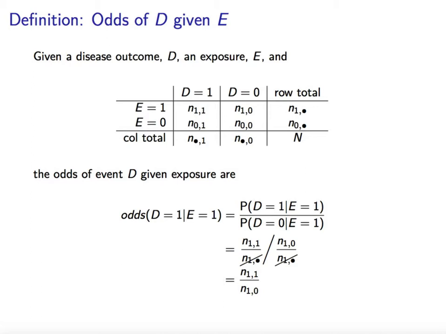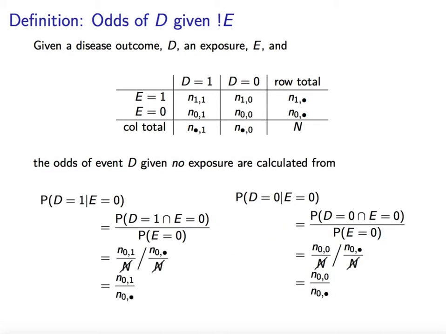So in order to move to odds ratios, we need to calculate the odds of disease given the absence of exposure. So this is nearly the identical calculation that we just did. So feel free to pause the video if you want to look at these equations more carefully. But we'll just move on from here.